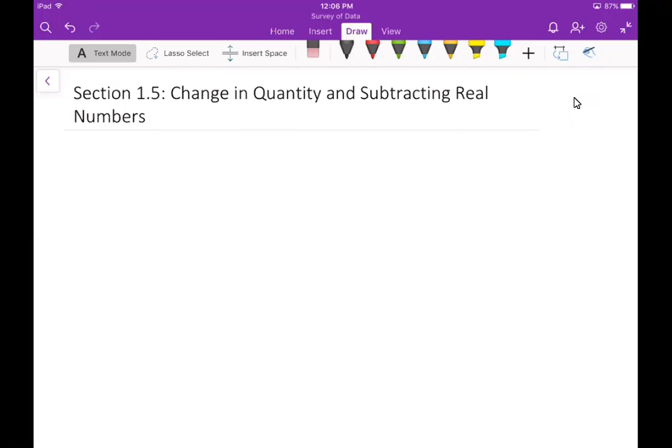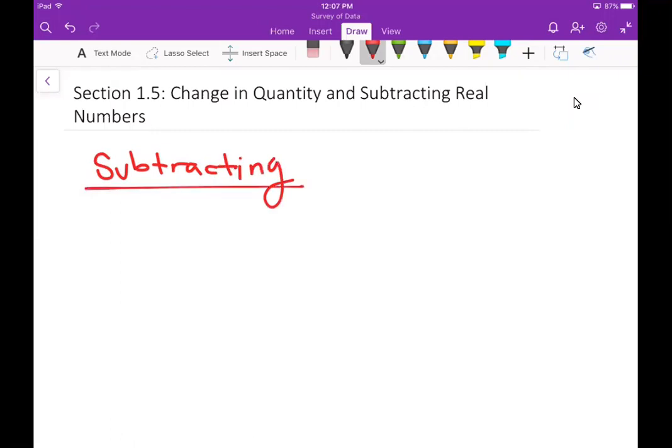So let's start off with that subtracting of real numbers. A property that can be useful, not with every problem, but that can be useful, is that when we're subtracting, it turns out that A minus B is the same thing as taking A plus a negative B. So thinking about that negative sign not as the operation, but as attached to that second number.